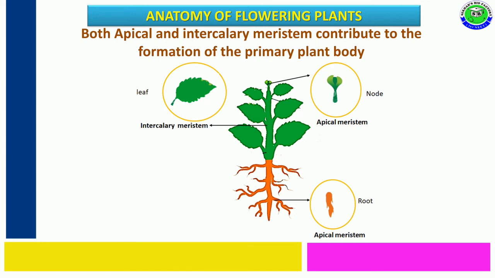Both apical and intercalary meristem are examples of primary meristem, and these meristems contribute to the formation of the primary plant body, which is called primary growth.